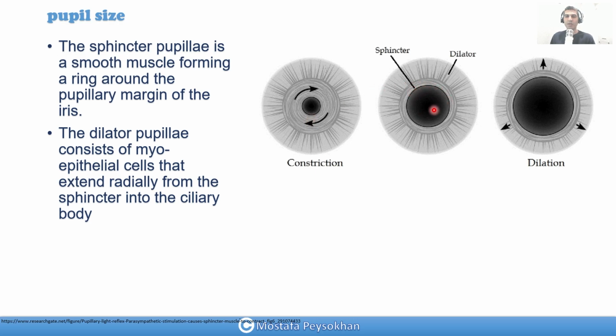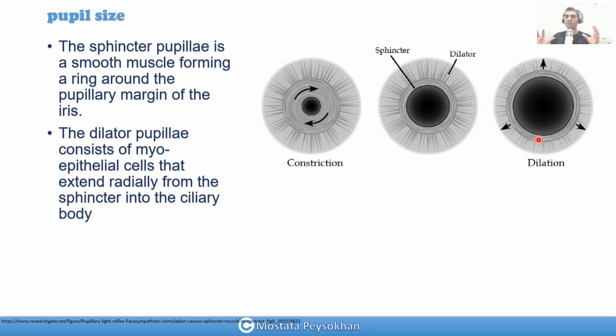In a regular situation, both of them are relaxed. And during dilation, when we make our pupil very big, the sphincter pupillae is relaxed, and the dilator pupillae is contracted, which causes our pupil to get bigger.